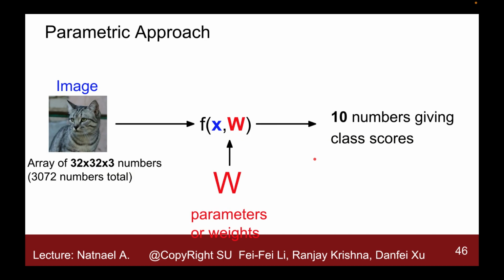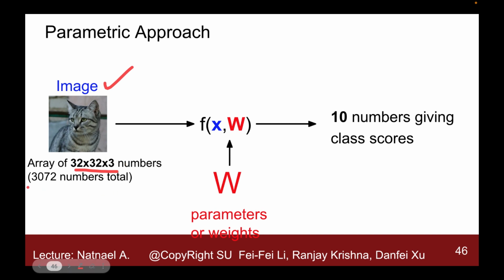Okay, so when we talk about linear classifiers, we have to bring in the concept of parametric classification or weight-based classification. We call this approach the parametric approach. We have here an image, and assume according to CIFAR-10, for instance, it's a 32 by 32 times 3 image.